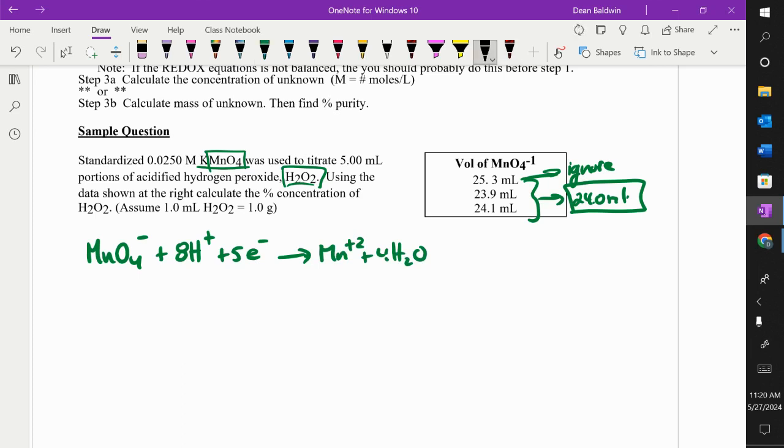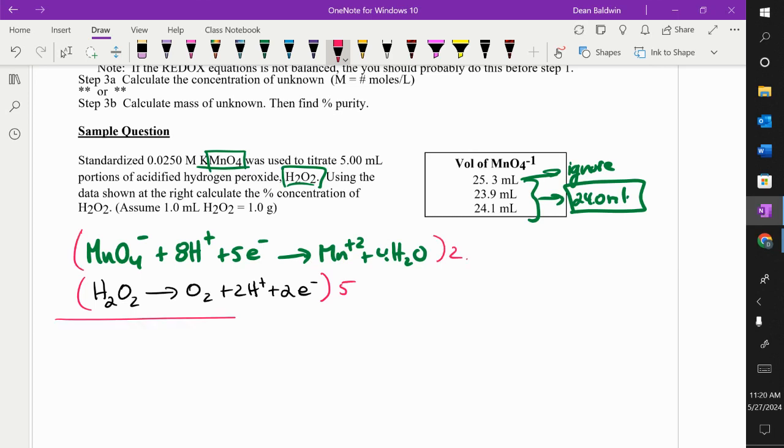And then the hydrogen peroxide reaction is, remember we flip it because of the oxidation one, goes to O2, 2H+, 2 electrons, and you want the electrons on the opposite sides. Now clearly the electrons don't cancel, so we have to multiply this one by 5 and this one by 2, and then we add them together.